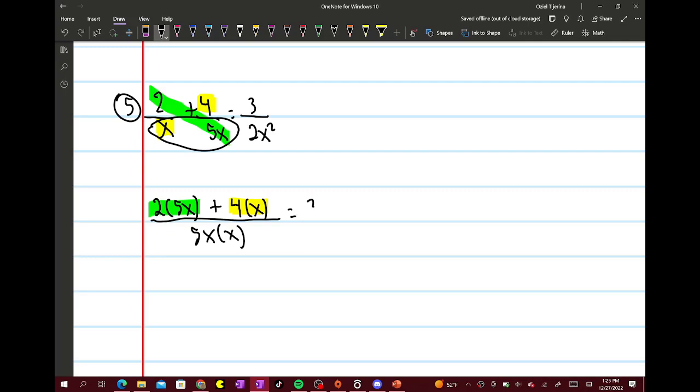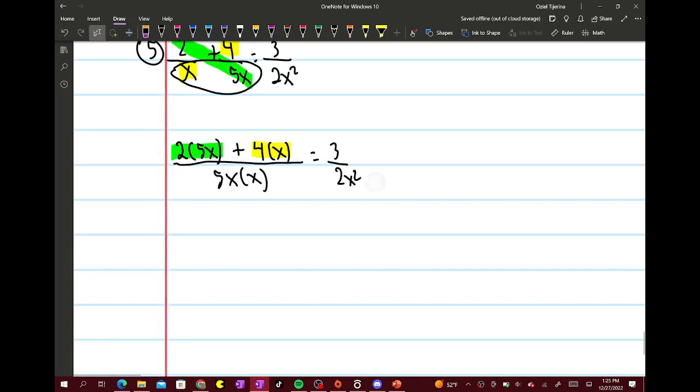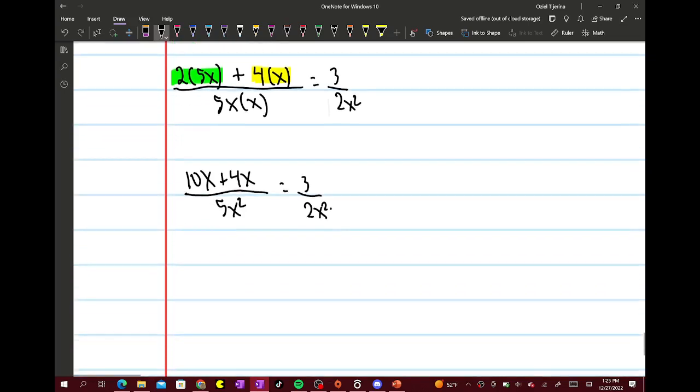And this is equal to 3 over 2x squared. Now this one, let me see, hold on. So we have 10x plus 4x over 5x squared equals 3 over 2x squared, right?